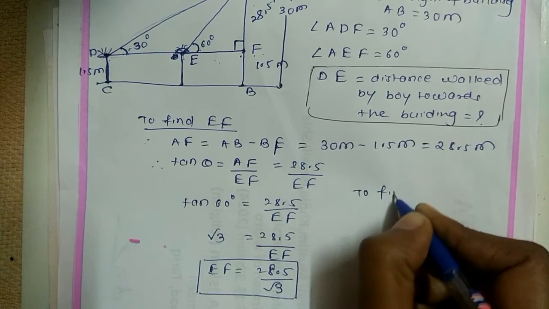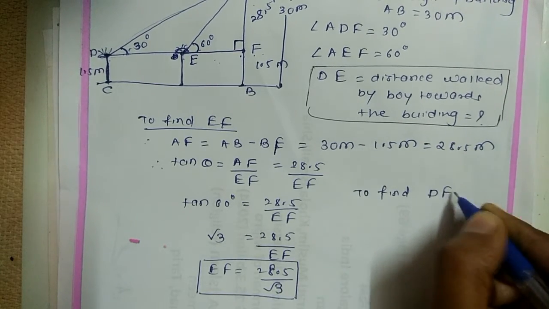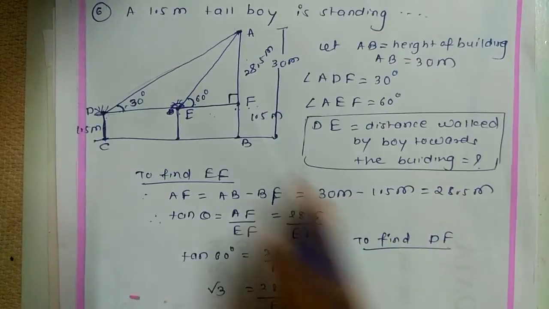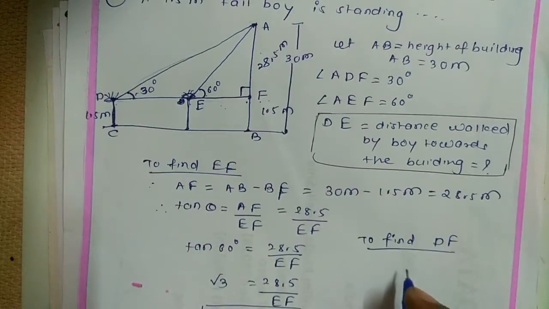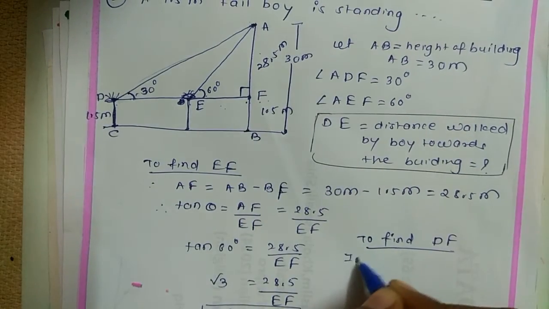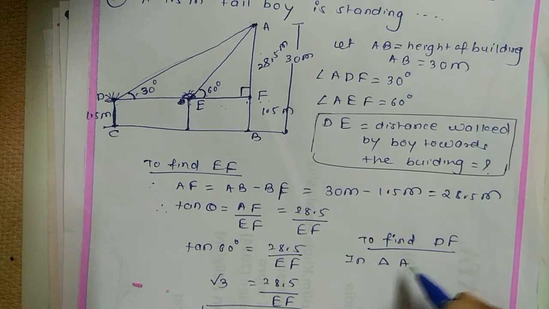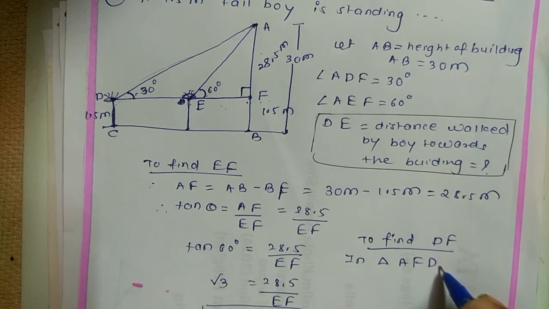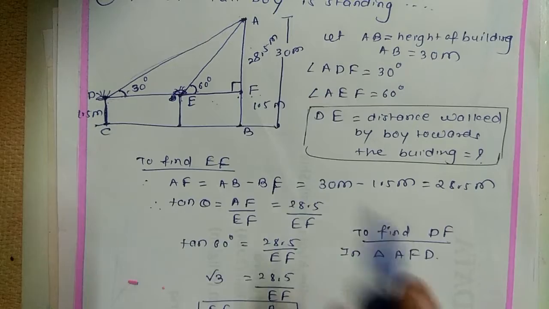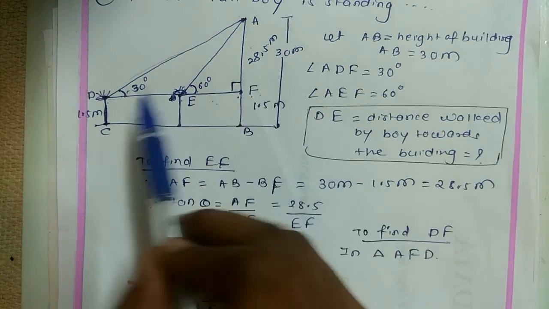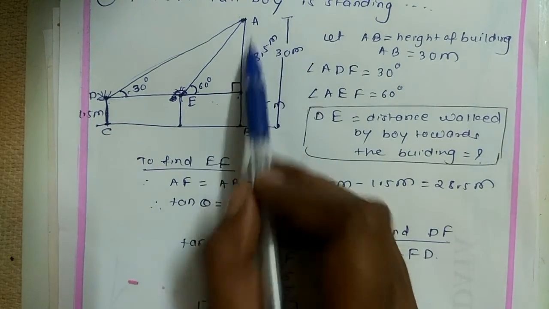To find DF, we can refer to the figure. Now we are considering the triangle AFD. In this right angle triangle AFD, we should know DF and we have here AF.